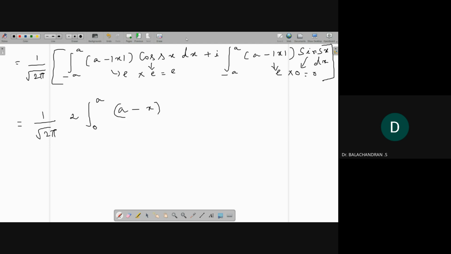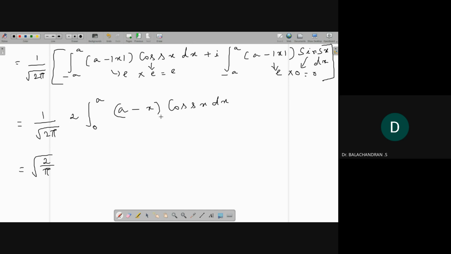The reason is the values of x vary from 0 to a, so only positive values. So a minus x into cos sx into dx. Okay. Now this 2 gives root 2 by pi.